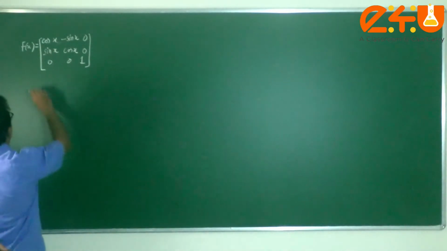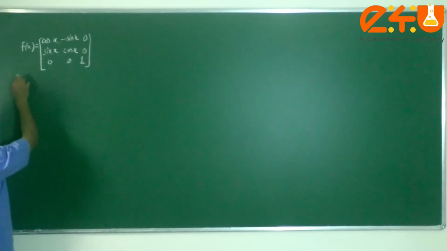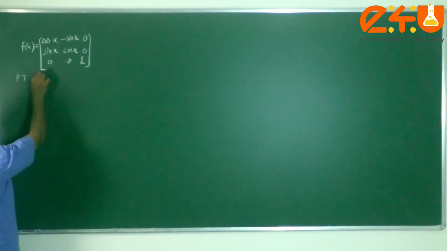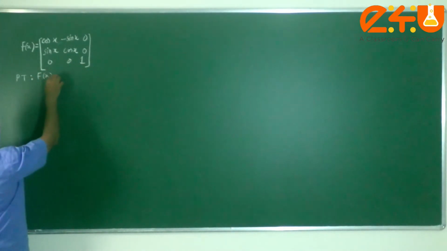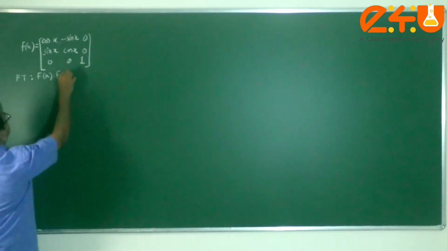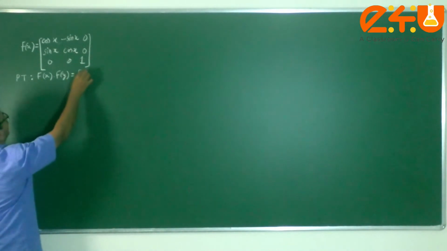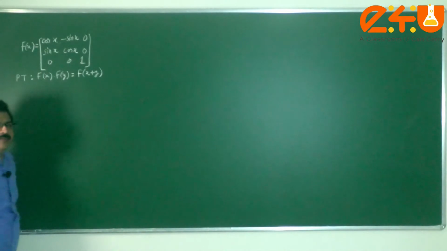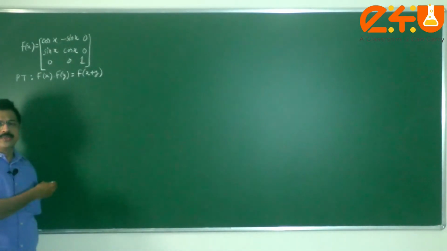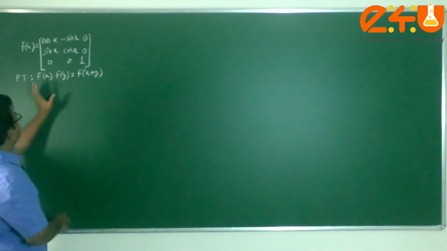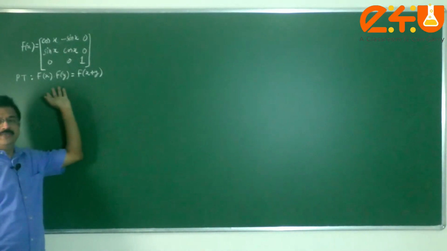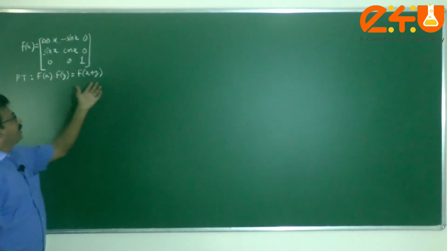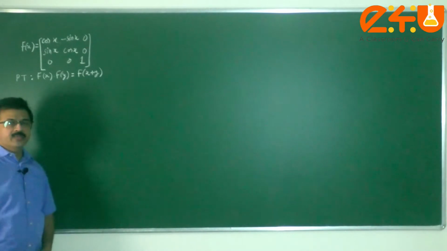The students are asked to prove that the product f of x into f of y gives f of x plus y. So this is the question, and we are going to take the left hand side and arrive at the right hand side of the equation.